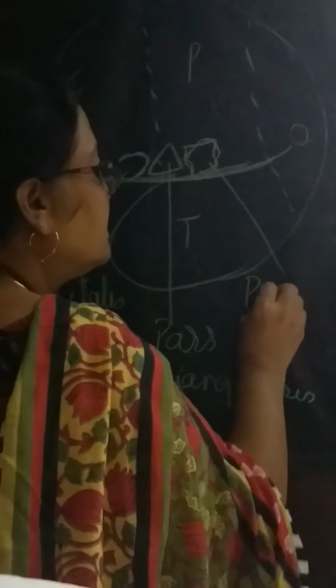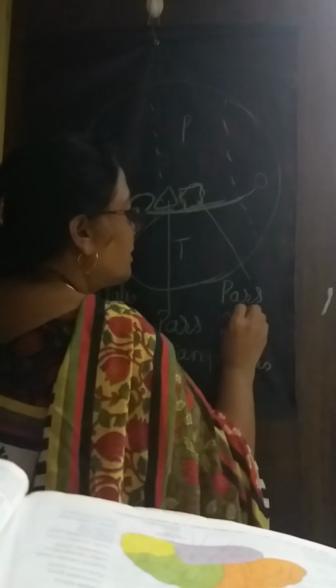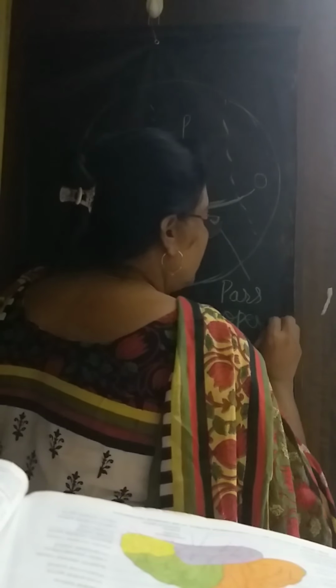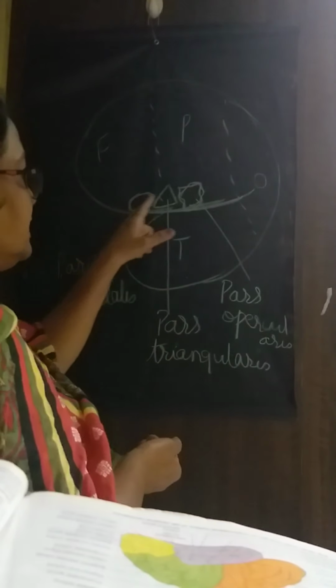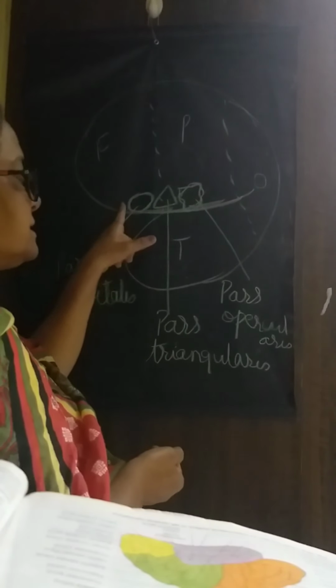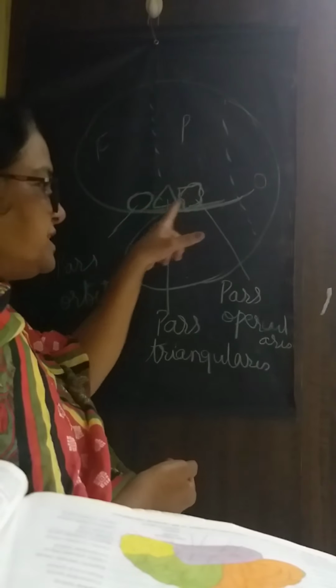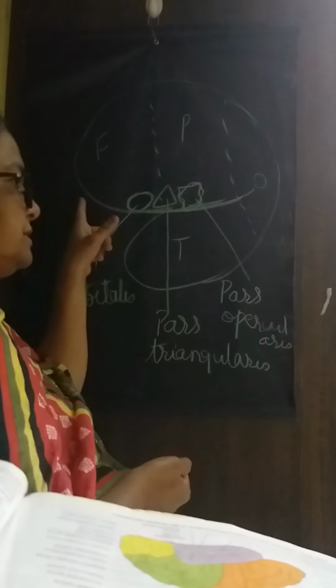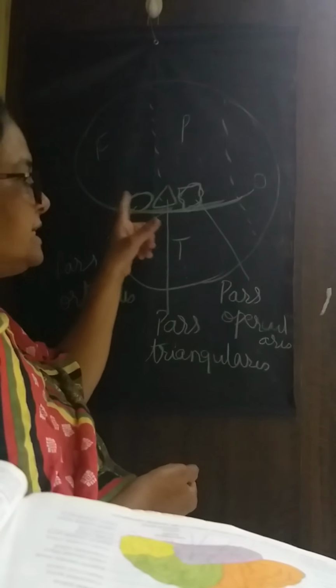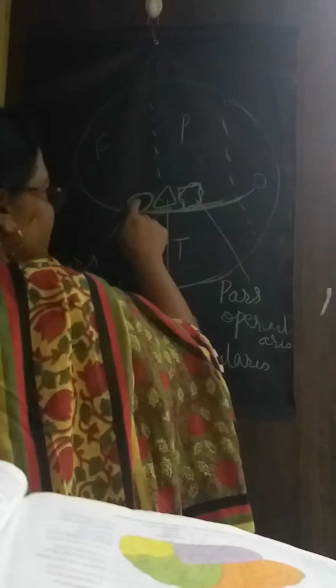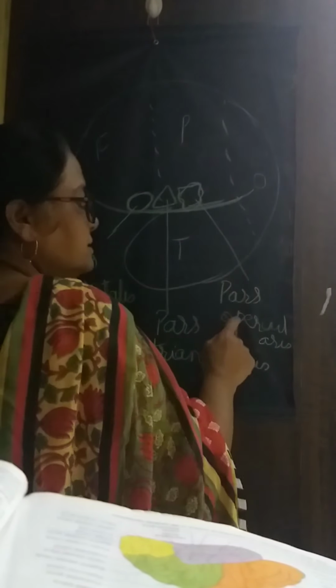And the third one is called the pars opercularis. Got it? So you have the three important gyri which are present along the lateral margin of the superolateral surface of the cerebrum. Okay, so you have the pars orbitalis, the pars triangularis, and the pars opercularis.